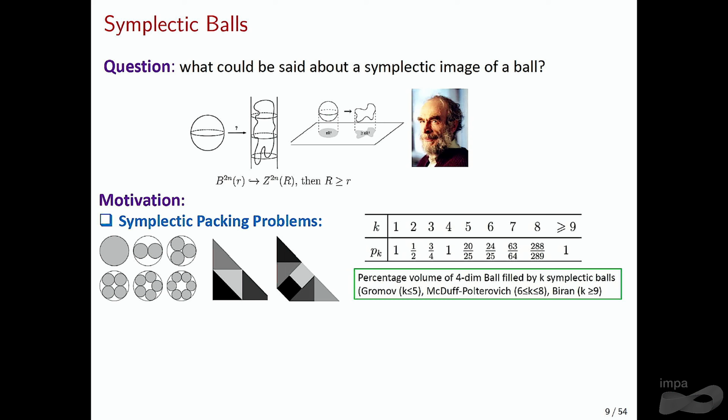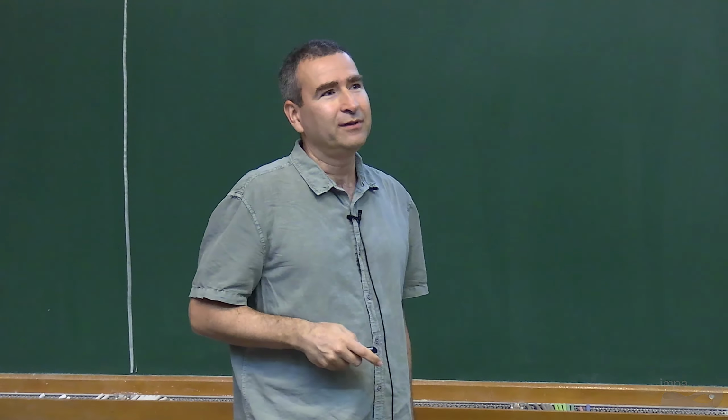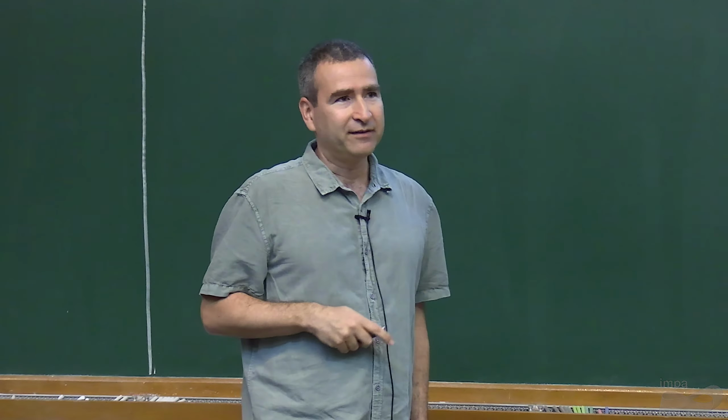So you can always completely fill the Euclidean ball symplectically with smaller balls. But on the other hand, starting with k equals 10, we don't know how to do it. There is no concrete construction of how to exactly symplectically embed 10 balls fully inside the four-dimensional ball. There is a non-constructive proof that it is possible, but no one knows how to do that.